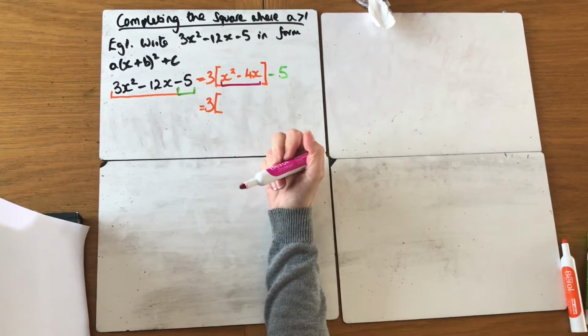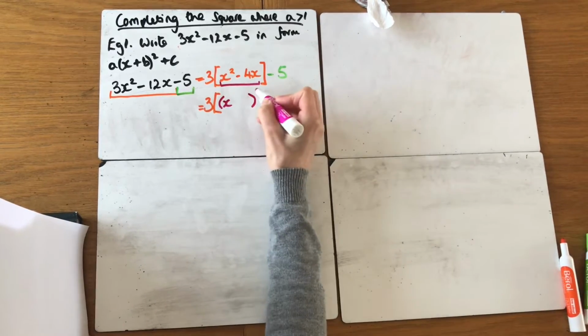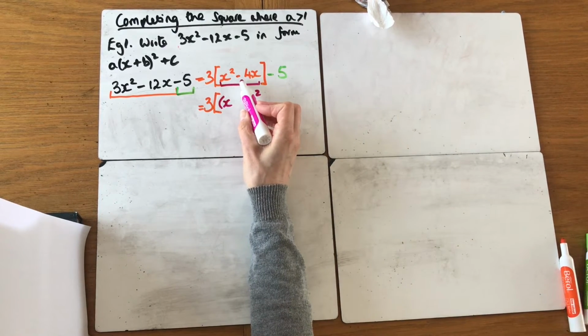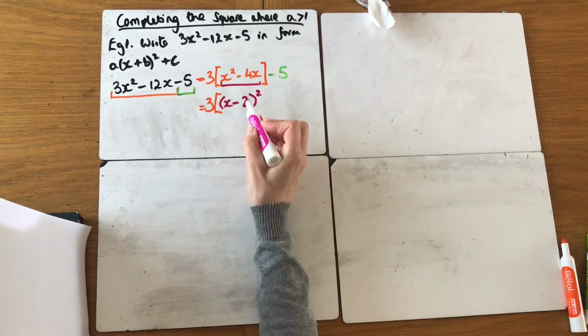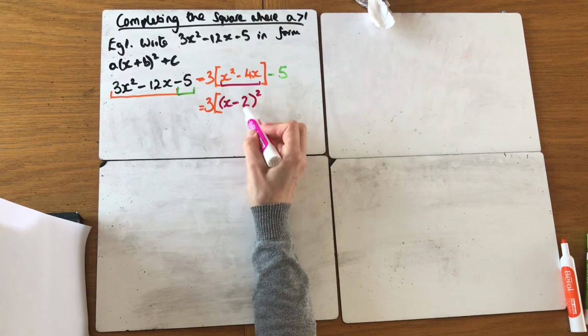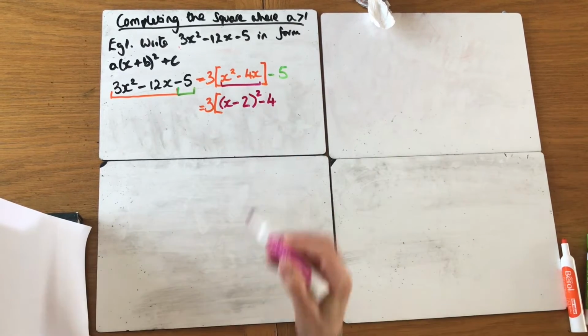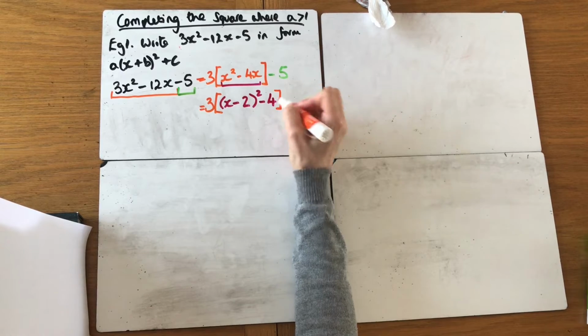Looking just at the x squared minus 4x, I'm going to set up my bracket for completing the square. I'm going to halve minus 4, so I get minus 2. I'm going to square the minus 2, which gives me 4, and I'm going to subtract it, so I'm going to take away 4. I'm going to close my square bracket.